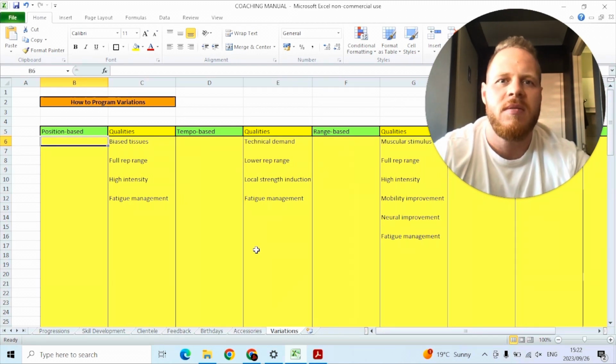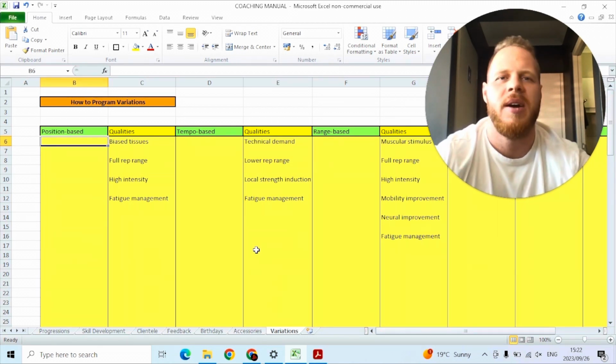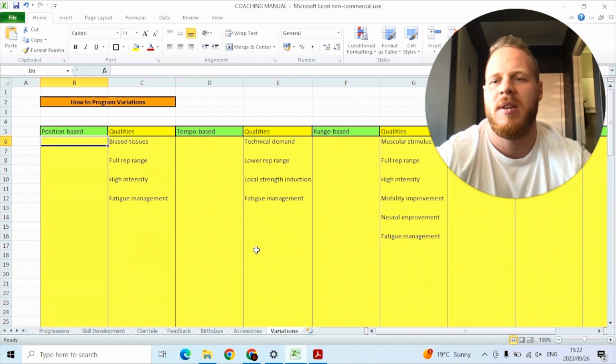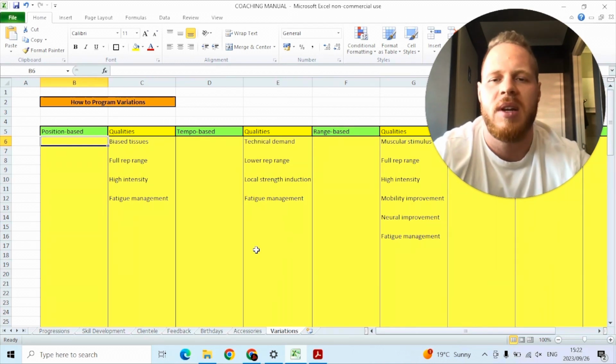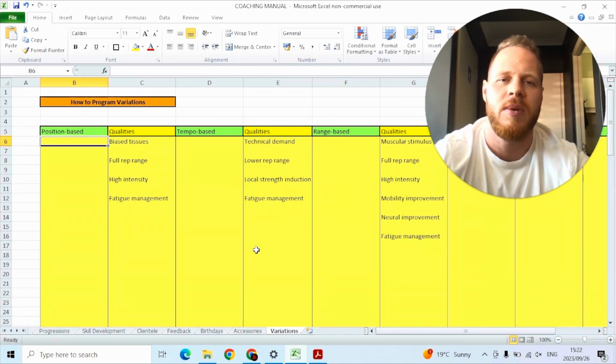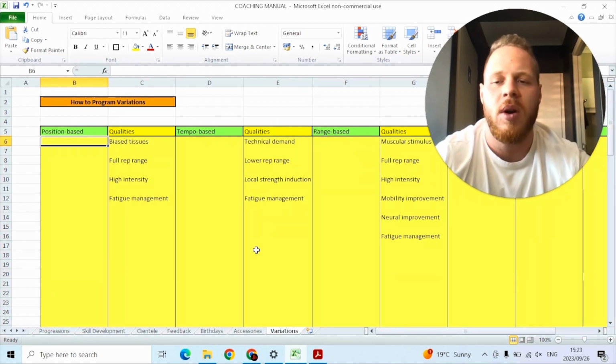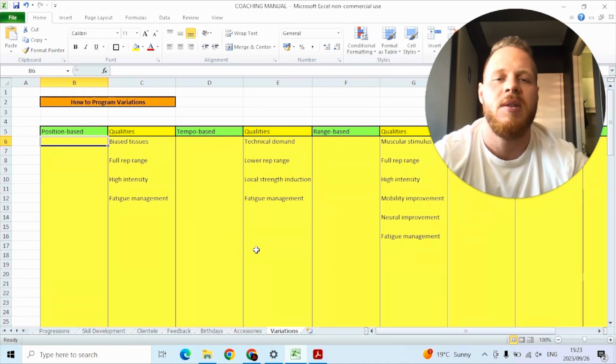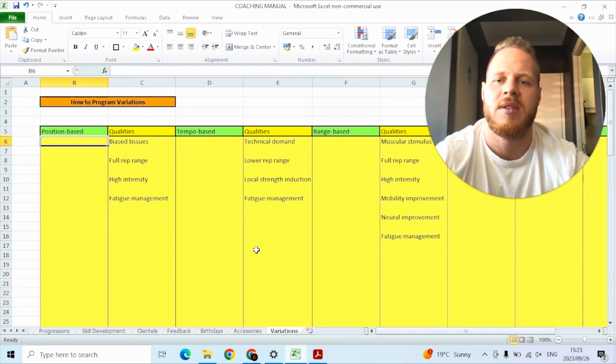Most, if not all, 99.9% of all variations that you can possibly think of will fall into at least one of these compartments. We're going to look at the three basic compartments of variations, what qualities they have, examples of them, and with each quality we will discuss how to program them.